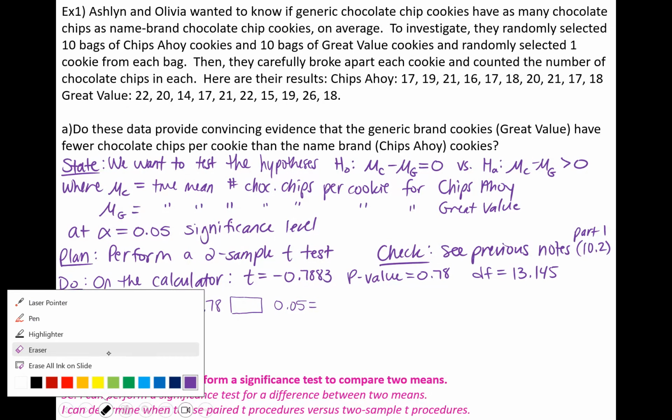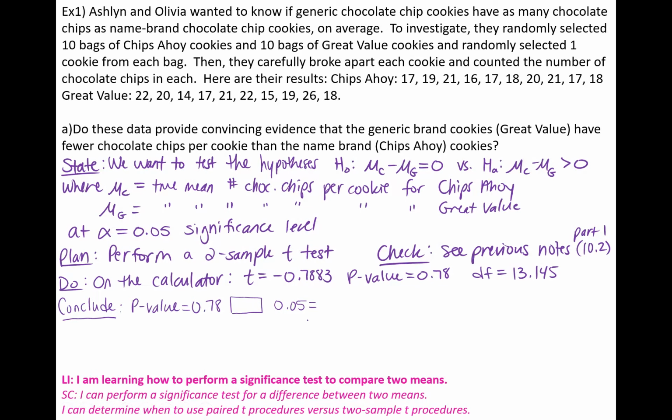Hopefully you can see that 0.78 is definitely greater than 0.05. When it is greater than, we fail to reject, because that means it's pretty likely that this would happen just by chance, given that the null hypothesis is true.